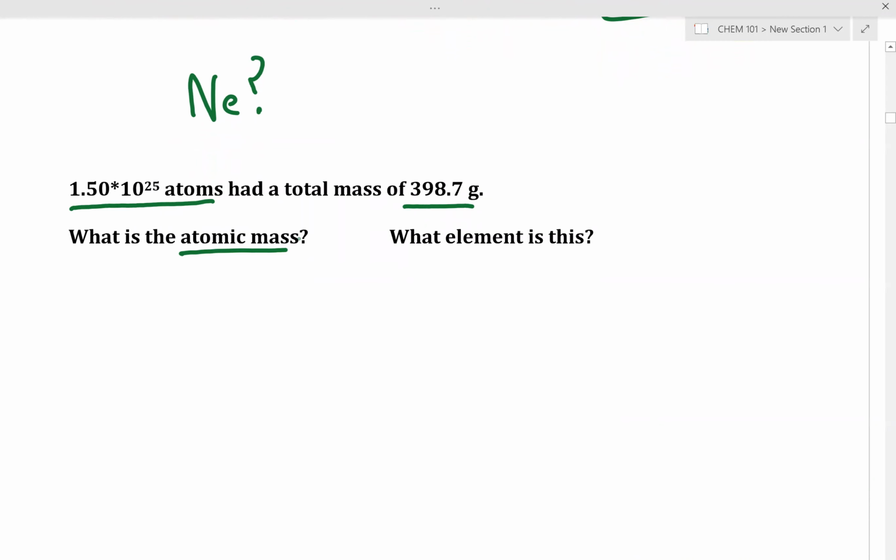Please make sure you have units of AMU per atom. And then I'd like you to tell me what element is this species. What is the element that corresponds to that atomic mass? So take a few moments, work on this. Don't be shy to discuss this in groups. And then we'll come to you to discuss in about 2 to 3 minutes.